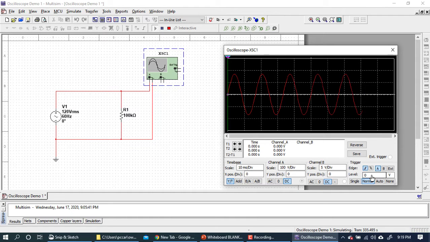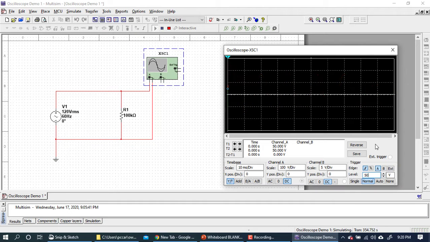And let me show you what the trigger level does. Again, that selects the voltage at which this waveform is going to sync on the left-hand side of the screen. So let's change the level to 50 volts.